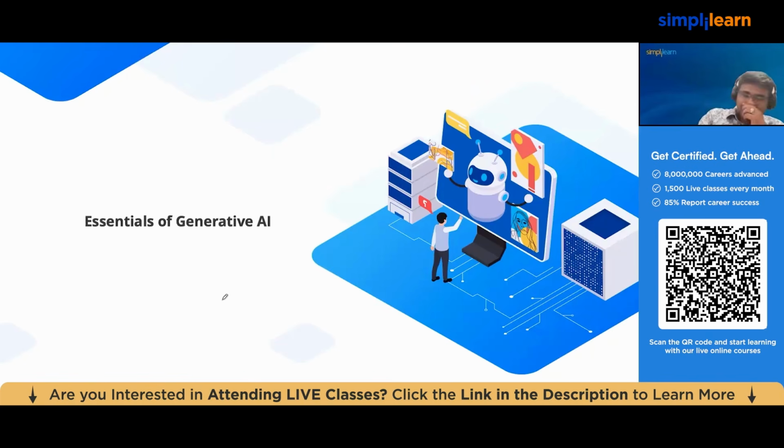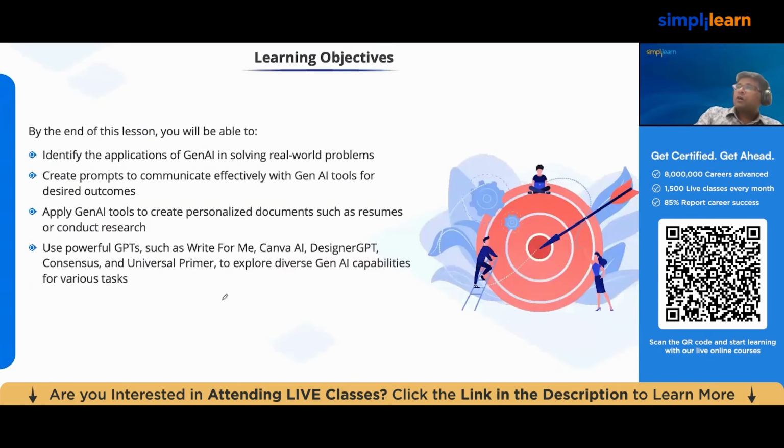So by the end of this session, we will identify applications of Gen AI in solving your real world problems. Okay, and also we will try to create some effective prompts. Prompts are basically a very effective manner in which we can clearly tell the Gen AI exactly what I want.